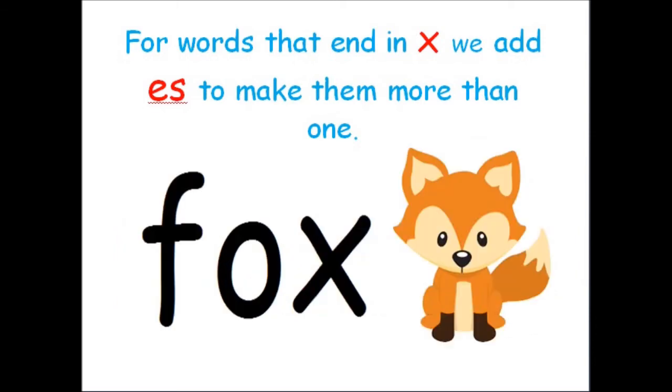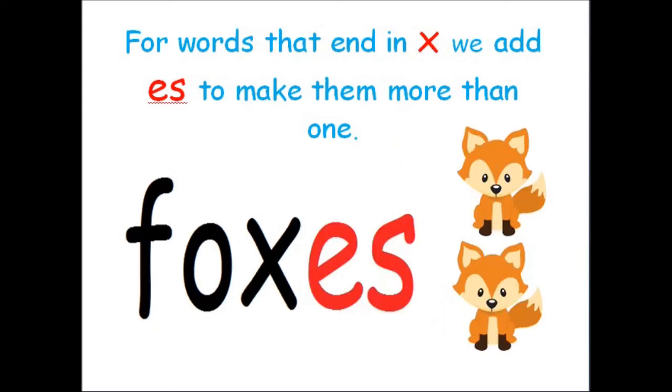Now here is another word that ends in letter X. This word is fox. And here we have just one fox. But what if we wanted to show more than one? So here I see two of them.